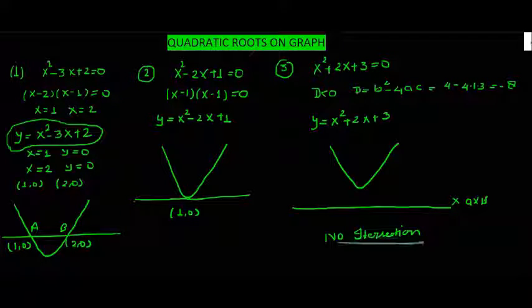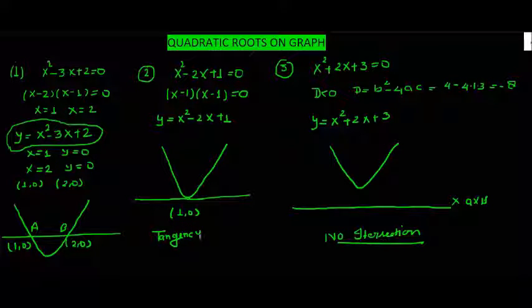This is the basic of nature of roots, how we can judge the roots on x-axis. We can easily find if the x-axis cuts the graph of f(x) at 2 distinct points, then roots are distinct and unequal. If the x-axis touches the graph, then roots are equal, and this is also called condition of tangency.